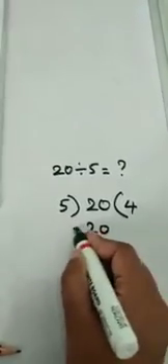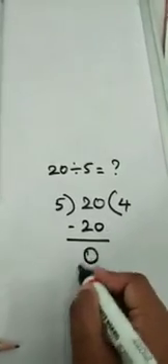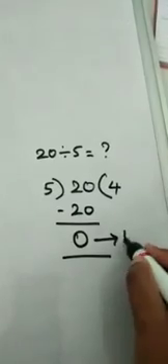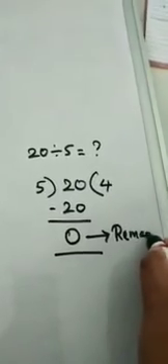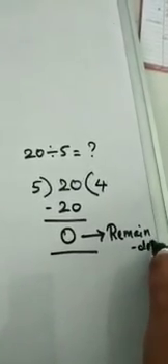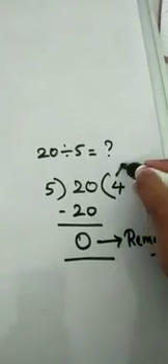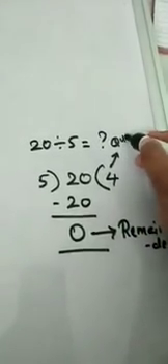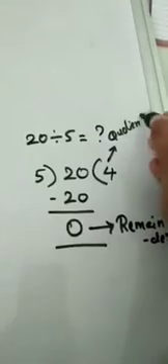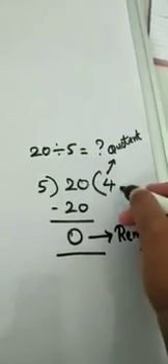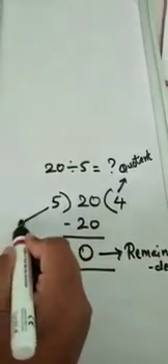So it is divisible, and 20 minus 20 is 0. Now I will tell the terms. This 0 is the remainder, and this 4 is the quotient, and this 5 is the divisor.